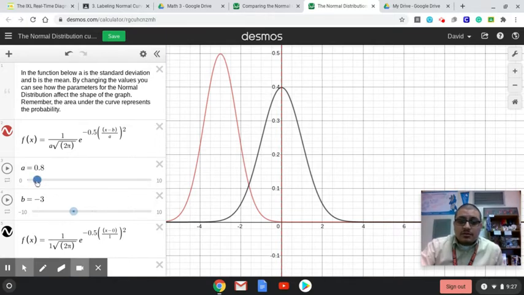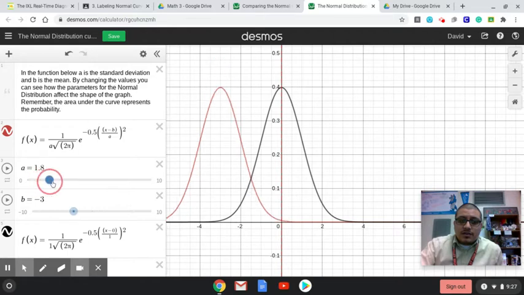So just to make things a little clearer, I just focus on this: if it's squeezed in, the standard deviation is smaller, and if it's stretched out, if it's wider, then the standard deviation is greater. So those are the types of movements that you have.